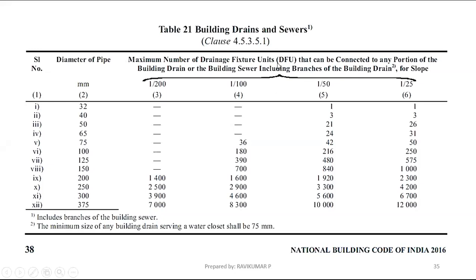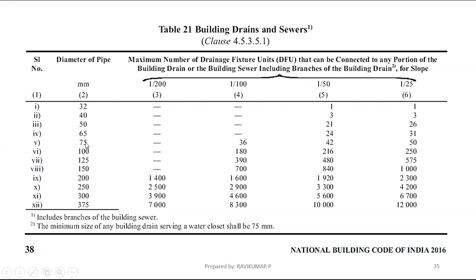If you are going 1:25, that also is 3. For 50 mm, 1:50 means 21 fixture units, 1:25 means 26 fixture units. Like that 65 and 75 are provided.